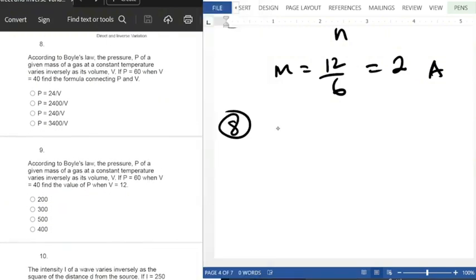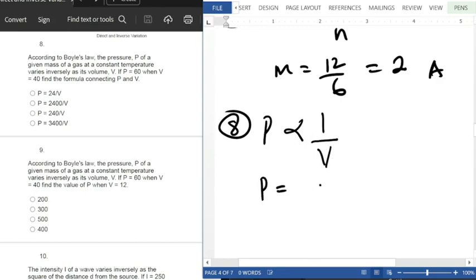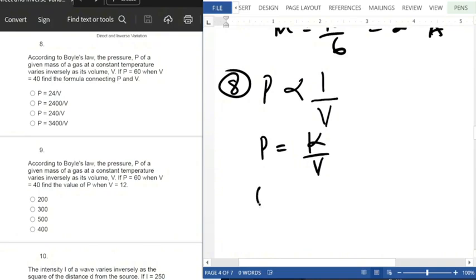For question 8, according to Boyle's law, the pressure P of a given mass of a gas at a constant temperature varies inversely as its volume V. So P equals K over V. Now P is 60 and V is given as 40, and we're looking for the value of the constant.